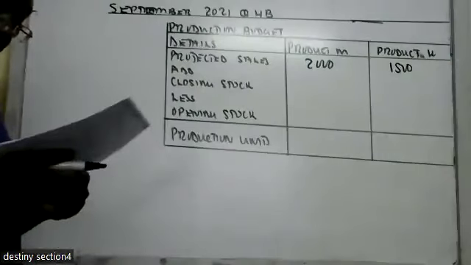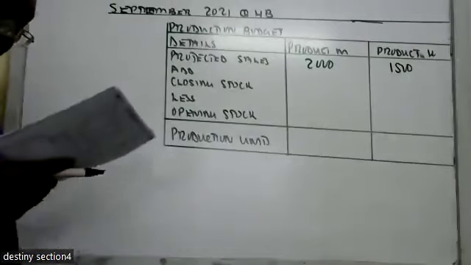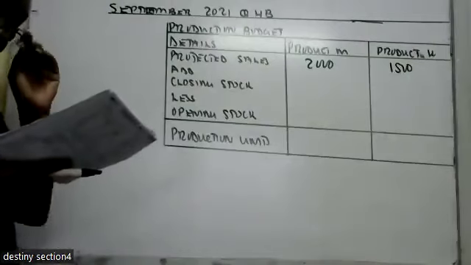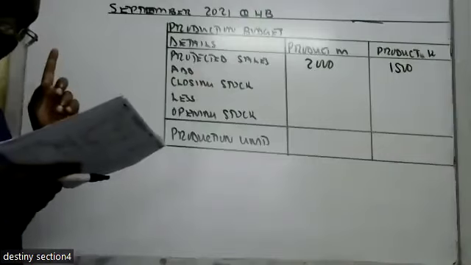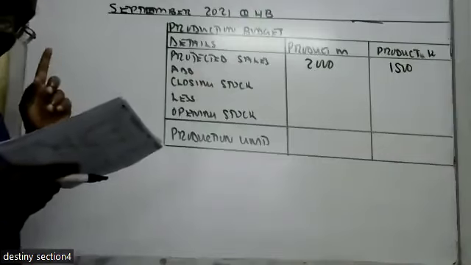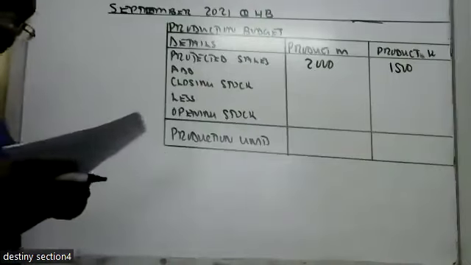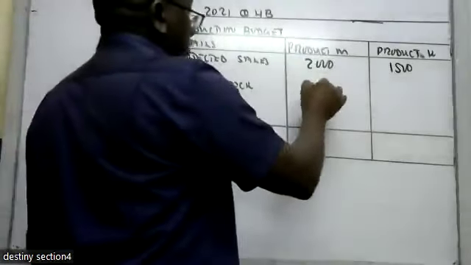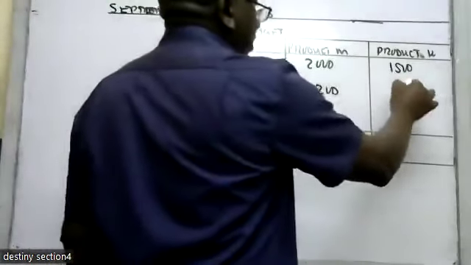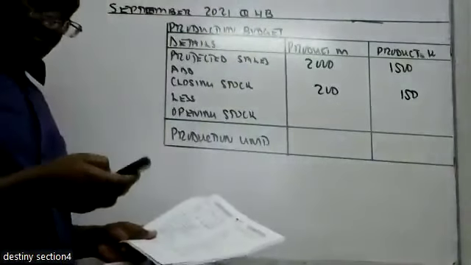Closing stock. We are told by information 3 that closing stock of materials and finished goods will be sufficient to meet 10% of demand. So that means 10% of demand, 10% of this is 200, and this one is 150.